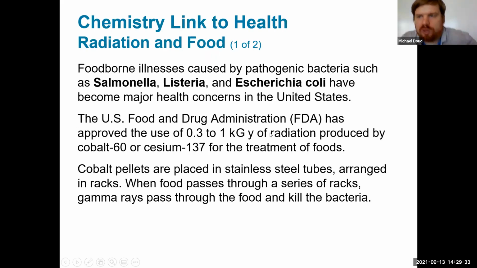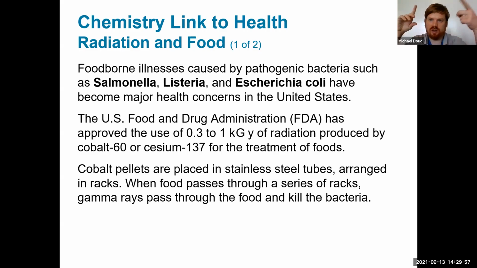Okay, now we mentioned already that one of the sources of radiation that you can get is from your food. That sounds scary, perhaps. It's like, why are we putting radiation into our food? Well, with the food system in the United States, there's a big problem with bacterial infection.